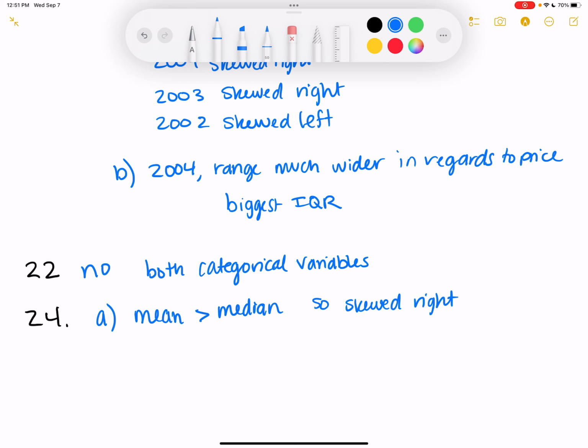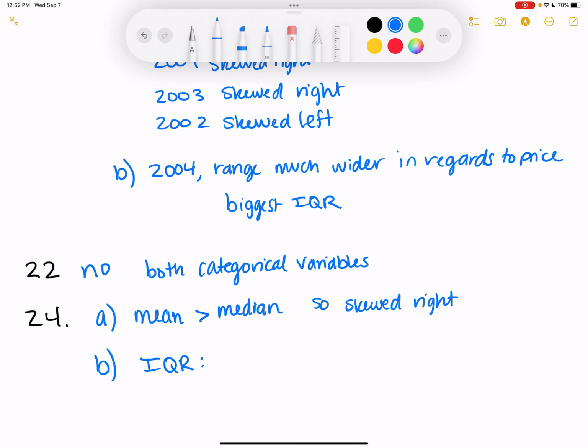So then B, are there any outliers? And explain. So how do I find that? You have to do the equation. So you have to find the IQR first. What might the IQR be for this one?